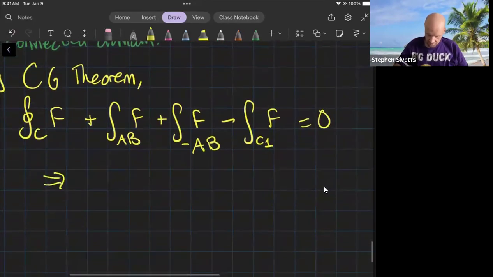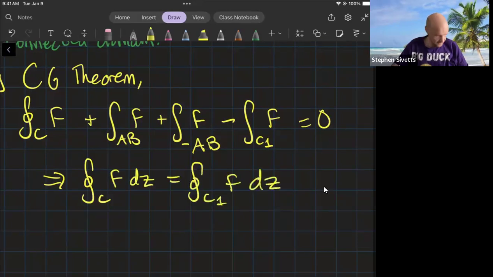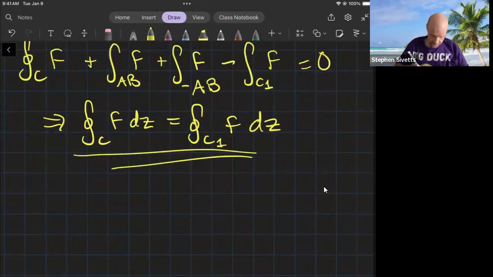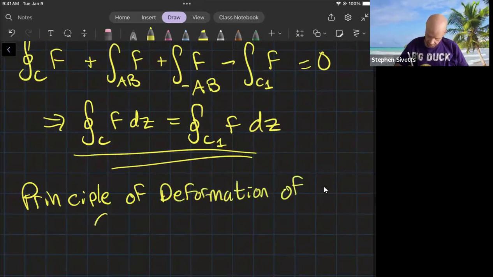So this means that the line integral of the closed curve C of F has to equal the line integral of C1 of F dz. Okay. This last line right here is what's called the principle of deformation of contours.